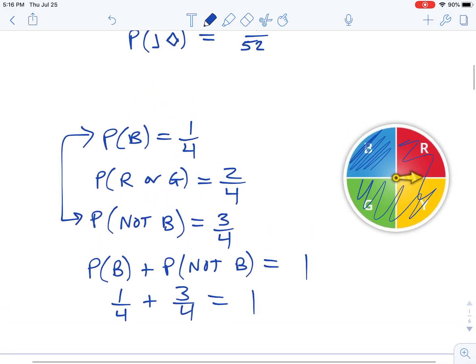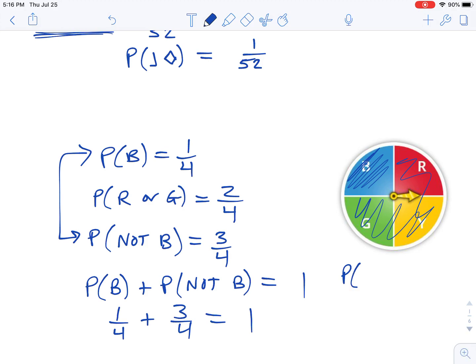No matter what we're talking about, the probability of A, whatever the event is, plus the probability of not that thing has to always be 1, which can be useful. Say I ask you to find the probability of not something, but I give you the chance of it happening. Say, for example, the probability of some event C is 3/7.